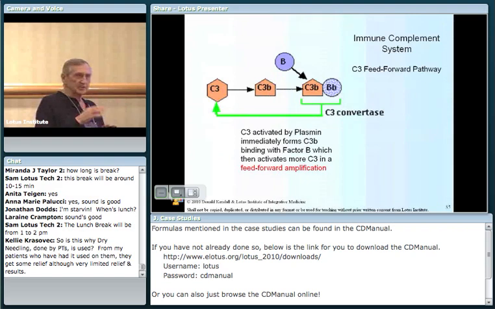All of a sudden at the tissue level, it's amplified by an enormous amount. Would more tissue damage increase the production of C3? Actually, it could, but it's amplifying the immune response.